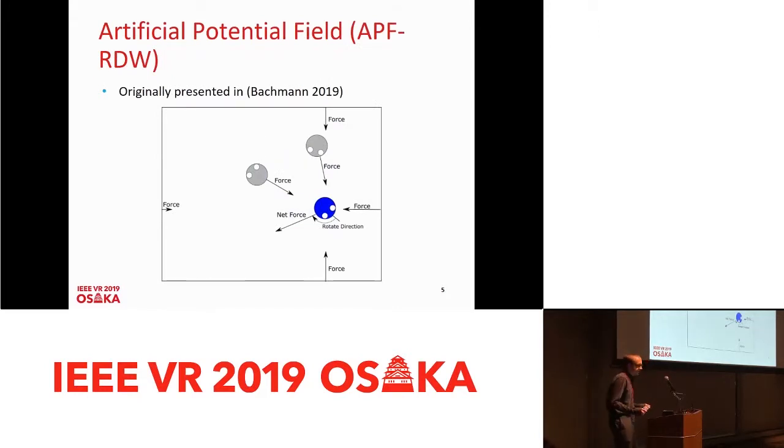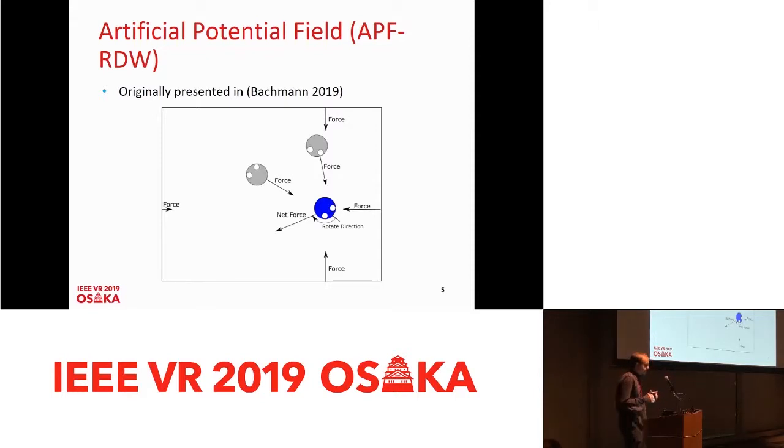Now I get into artificial potential fields. This was presented in the last talk, so I'll just go through it briefly. The idea is that each obstacle in the room, including other users and tracking area boundaries, exerts a force on the user. This force is dependent on the distance between the obstacle and the user, so closer obstacles introduce a larger force.